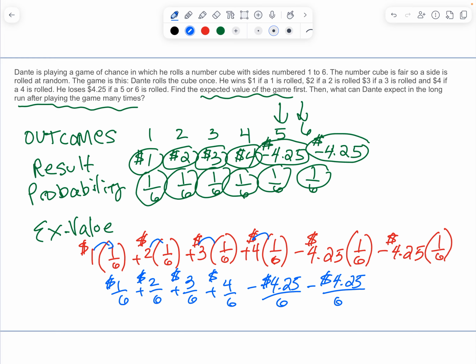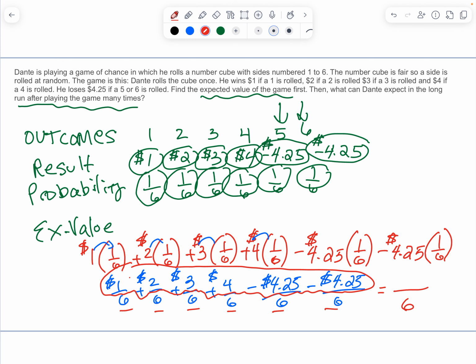All right, now, because you're adding and subtracting and you have all of the same denominators, that's the best case scenario, because all you're going to do is add the tops and bring the denominator along. So we know that's going to be over 6.